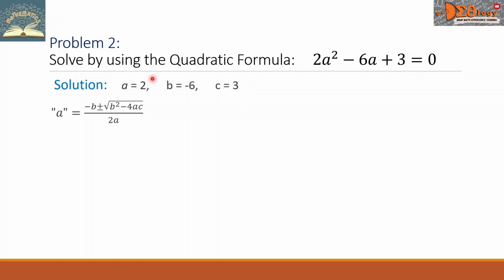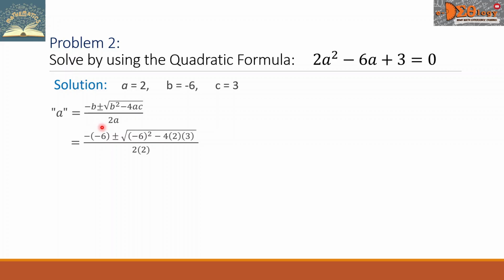Let us now substitute these values in the formula. So we have the negative of negative 6 plus or minus the square root of the square of negative 6 minus 4 times 2 times 3 all over 2 times 2. We simplify further.